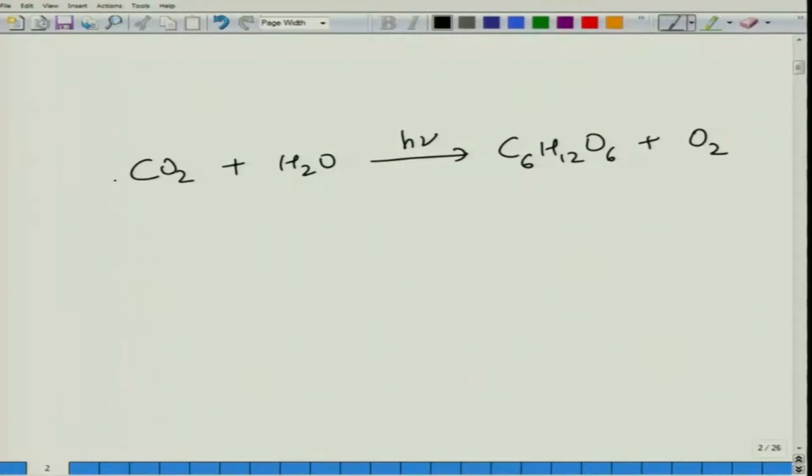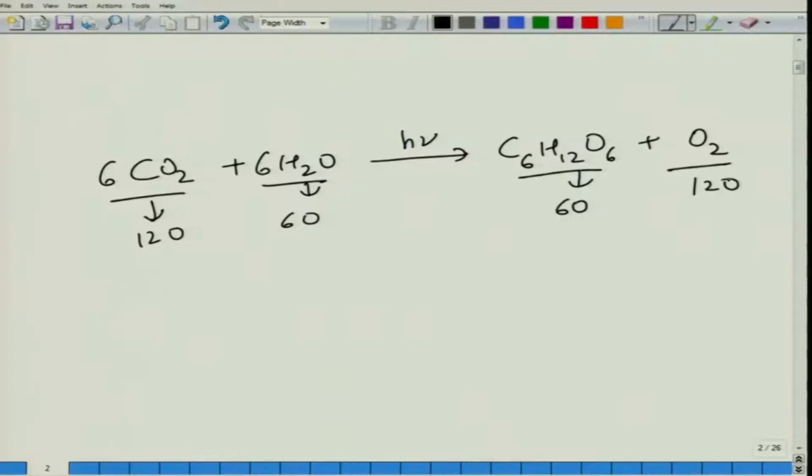Now, if we balance this equation, it is C6H12O6: we have 6 CO2, 6 H2O, here we have 12 oxygens, here we have 6 oxygens, here we have 6 oxygens, so here we need to have 12 oxygens, so it will give you 6 O2.